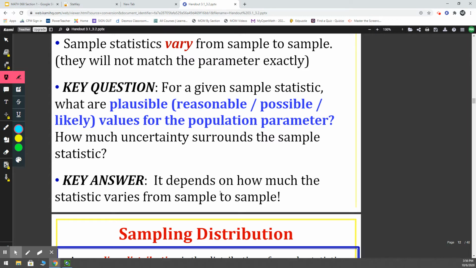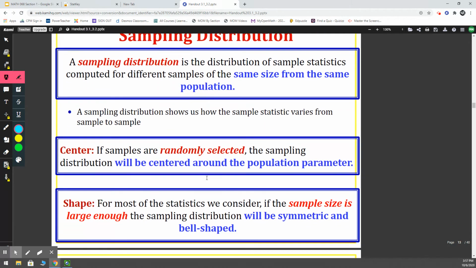The key answer to this is it depends on how much the statistic varies from sample to sample. As the sampling varies, it will create a distribution, and as that distribution forms itself, it will form into a well-defined bell curve. I'll show you that in a moment.